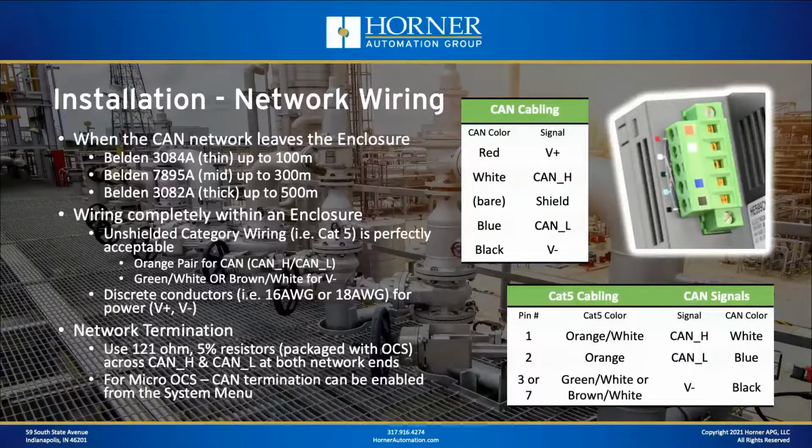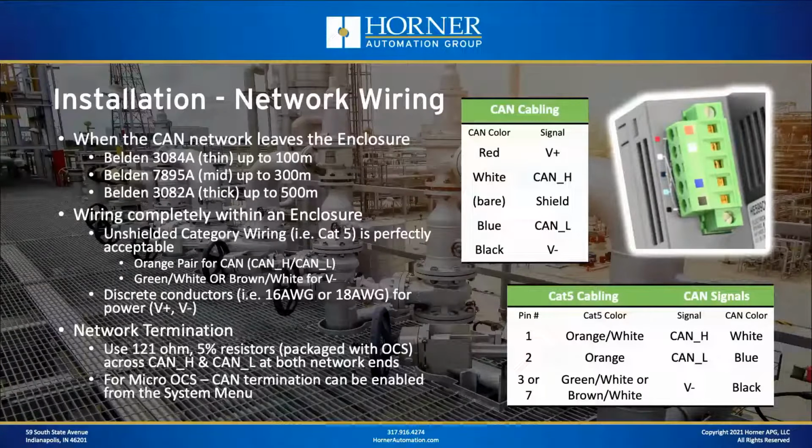Now, if the connections between your OCS and your SmartRail are never going to leave an enclosure, in other words, they're just within the enclosure itself, there's absolutely nothing wrong with using category wiring. In other words, Cat5, Cat6 type wiring. And we recommend unshielded cabling with that. There's really no reason to use shielding with category wiring inside of an enclosure.